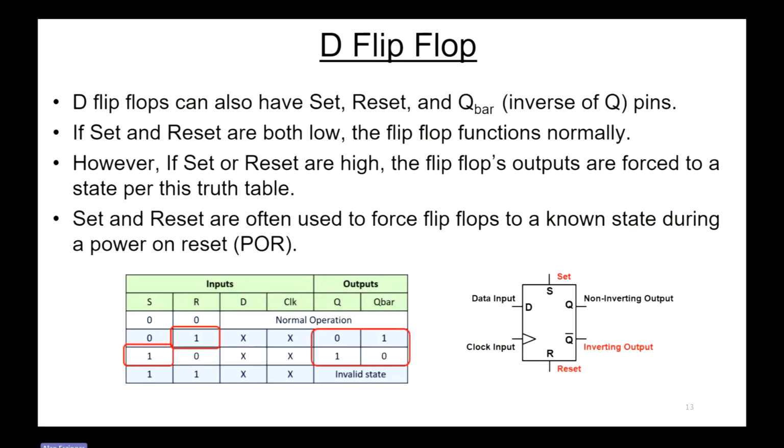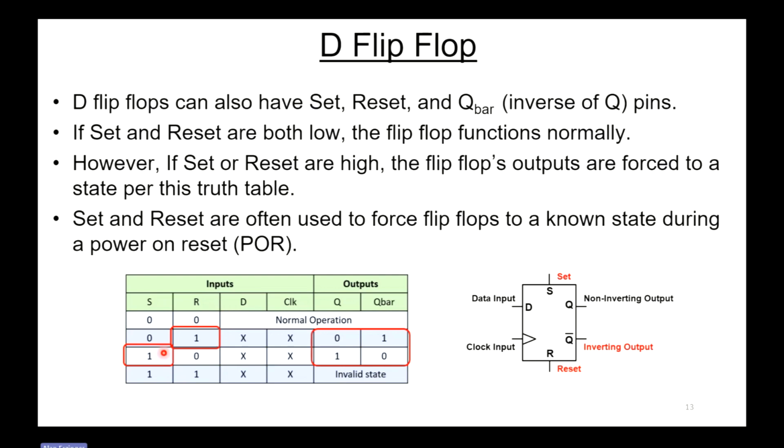So D flip-flops can also have a couple other pins. We have a set, a reset, and a Q bar. And the Q bar is just the inverse of the Q output. So the set and reset, if they're both low, the flip-flop functions normally. However, if set or reset is high, the flip-flop's outputs are forced to a state per this truth table.